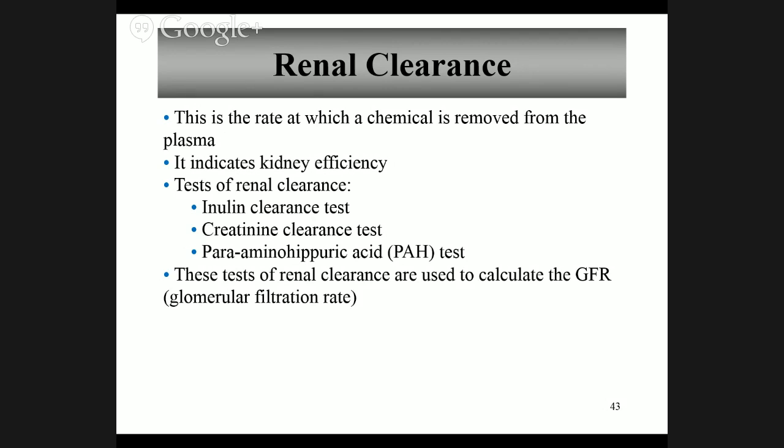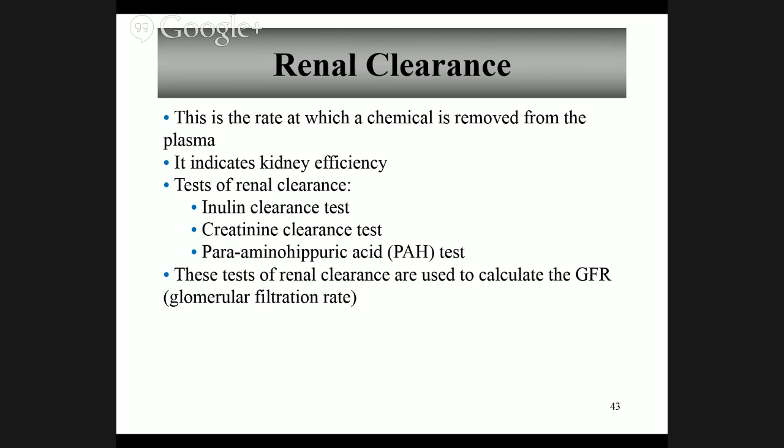So just a single measurement of the plasma creatinine level provides a rough index of kidney function. If there's an elevated plasma creatinine level, that will suggest that the GFR is greatly reduced. And because nearly all of the creatinine that the kidneys filter normally appears in urine, a change in the rate of excretion might reflect renal failure.